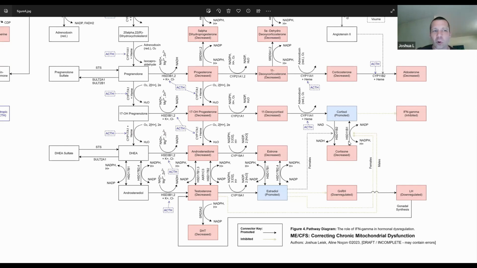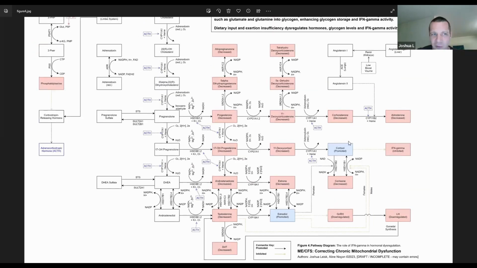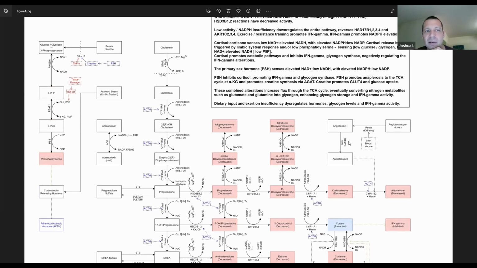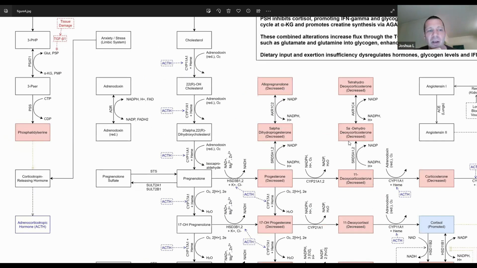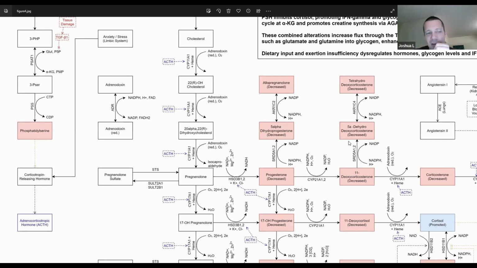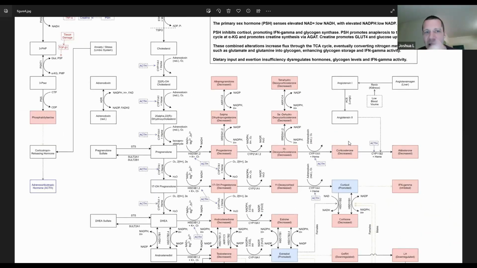There is also the cortisol release, and that takes inputs from, again, NAD being low, P5P being low, and then ultimately the levels of phosphatidylserine. If phosphatidylserine ends up being low, it causes the corticotropin releasing hormone to be elevated, which then promotes adrenocorticotropic hormone, which alters a number of the other pathways here.